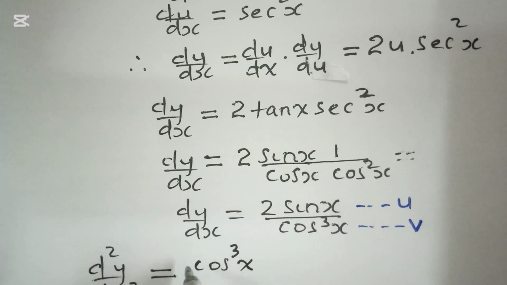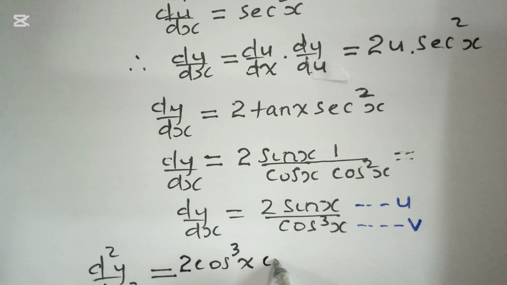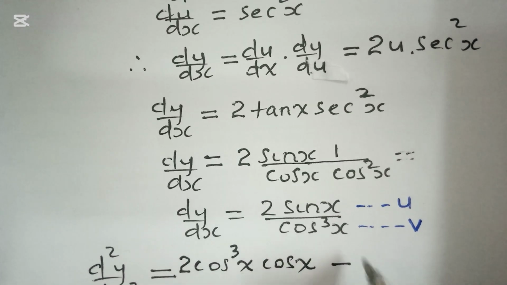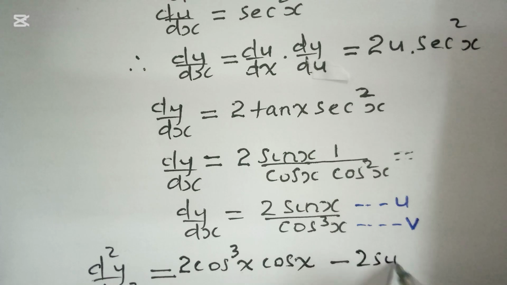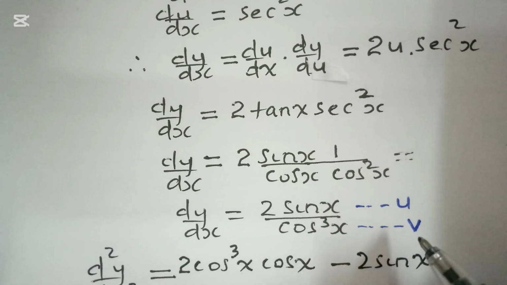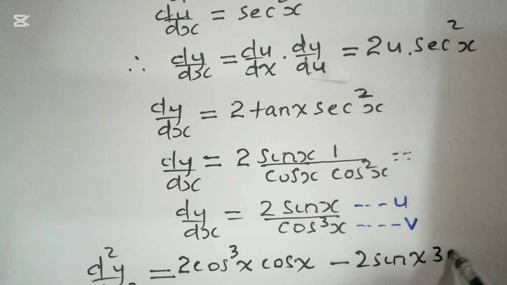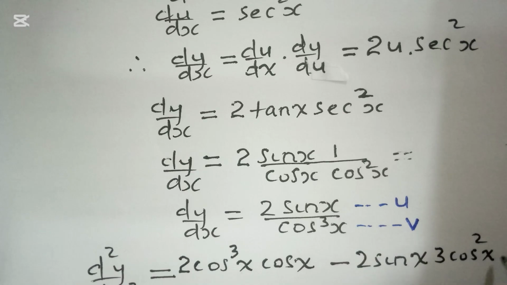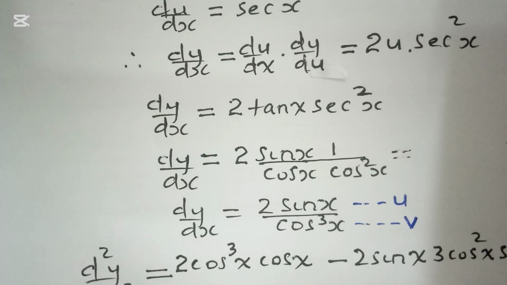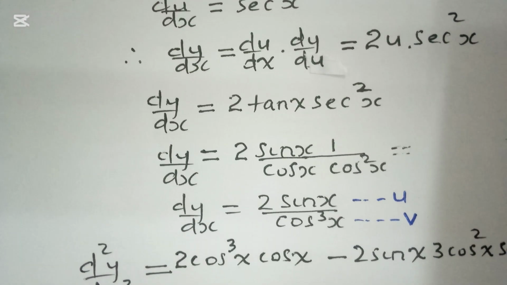We differentiate that, we shall get 2 cos x, like that, minus, now guys, we come and write this one first. That is u, and then dv. For the dv, we are going to have 3 cos squared x sin x. So that is the differentiation of cos cubed x.